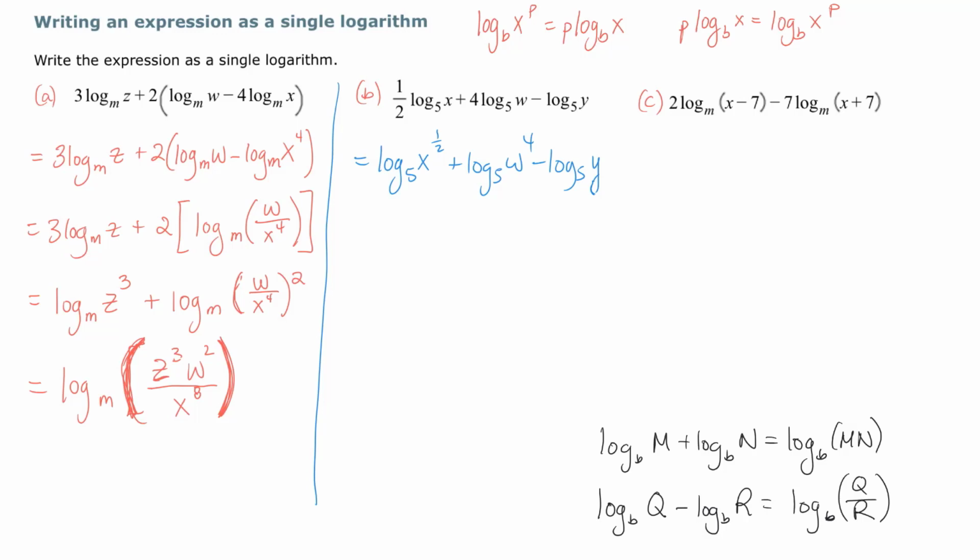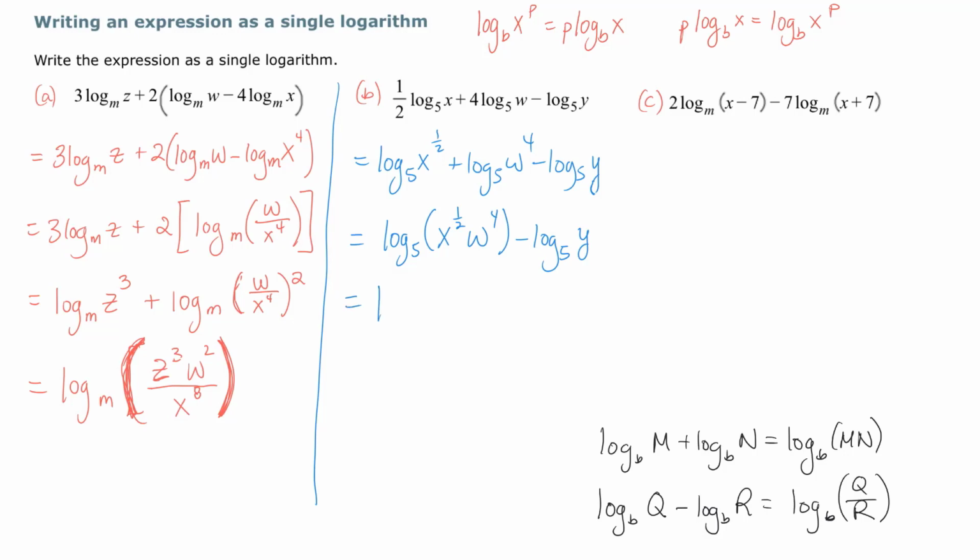Notice we only have addition operation and subtraction operation, and we break that tie from working left to right. So this is log base 5 of x to the 1/2 power times w to the 4th power minus log base 5 of y.